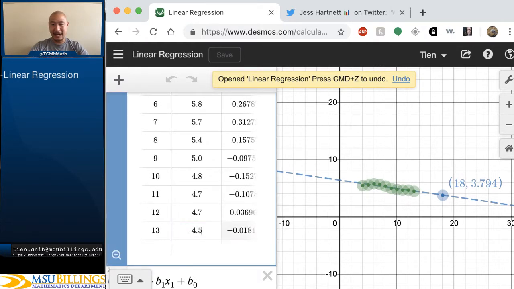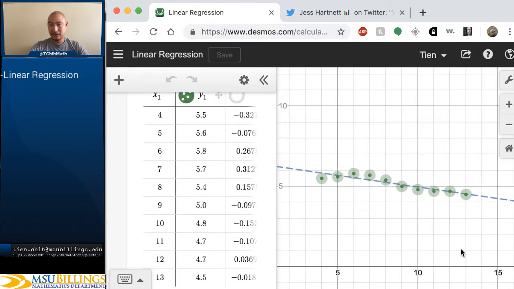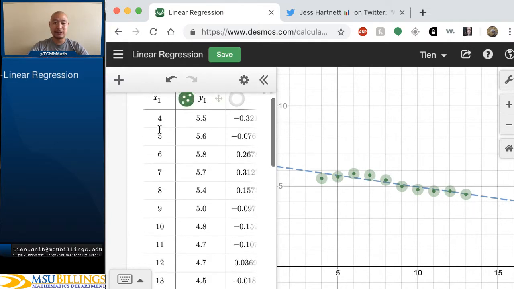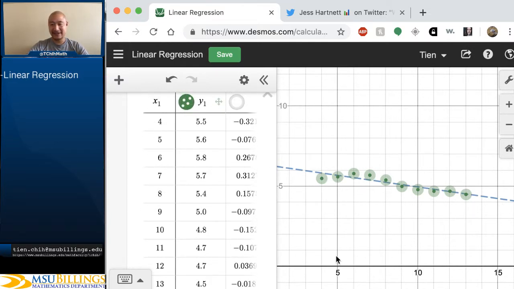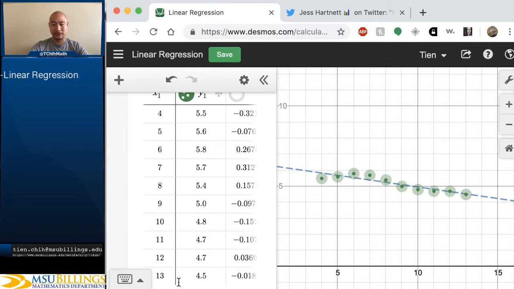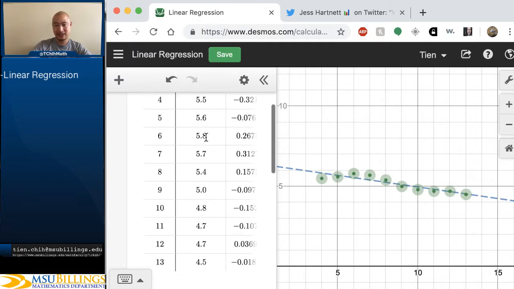And here I have an example already plotted. What we have here are years after 2000 as our x values, starting in 2004 up until 2013, and the y values are the FBI crime statistics for murders in the United States per 100,000 people. So in 2004, there were 5.5 murders per 100,000, 2005, 5.6 murders, and so on and so forth.